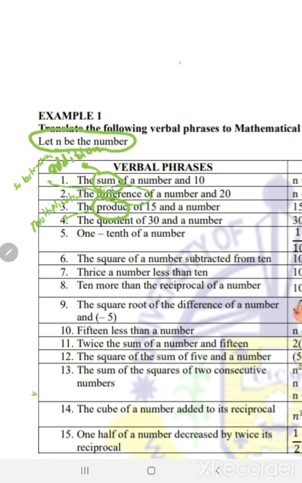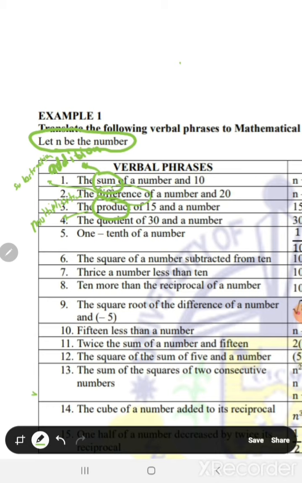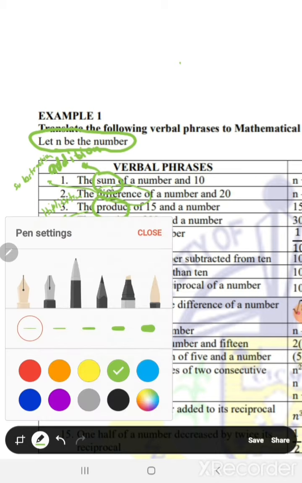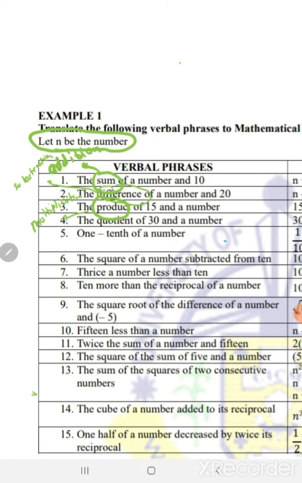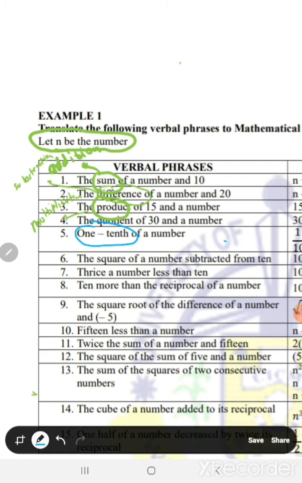1/10 of a number. So, 1/10, pag may nakita kang 1 over 10 dyan, it means a fraction, or it is a percentage, or it can be written as your decimal. Okay? 1/10. Specifically, your 1/10 can be rewritten into 0.1, right?